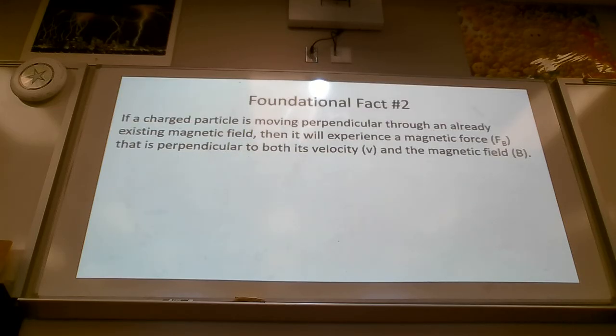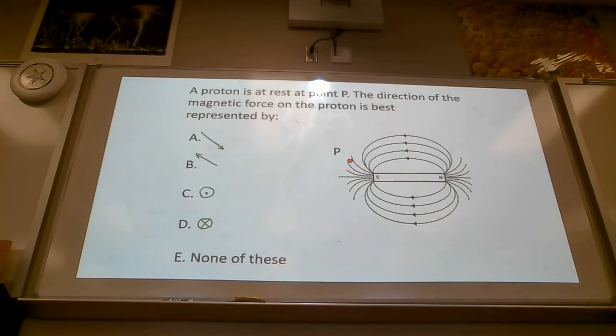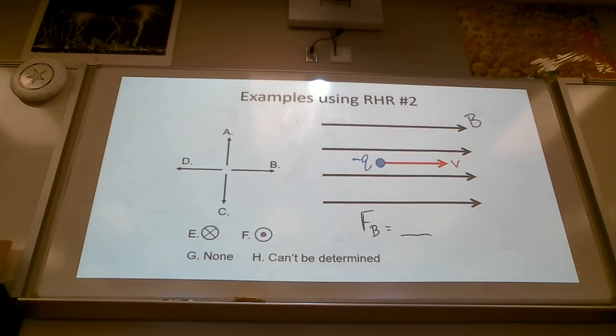If a charged particle is moving, is there any component of that velocity that is moving perpendicular to the direction of the magnetic field?